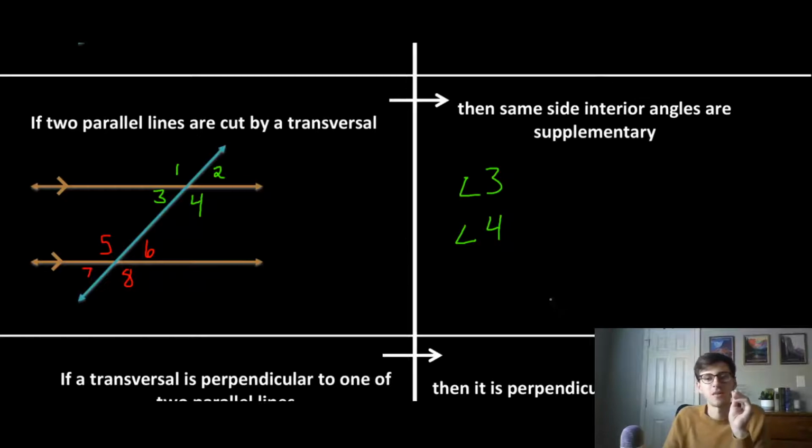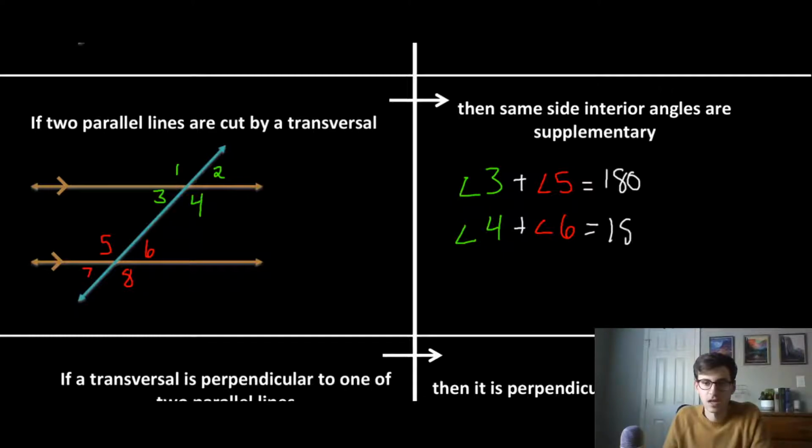Now I'm talking about the same side interior angles are supplementary. So the ones on the same side, that would be 3 and 5. And 4 and 6. And when you add those together, since they're supplementary, they add to 180 degrees.